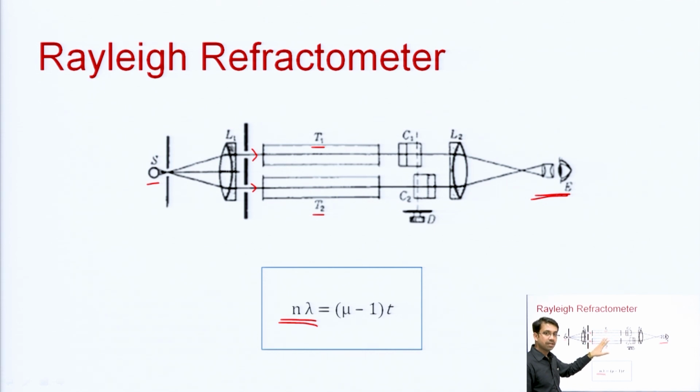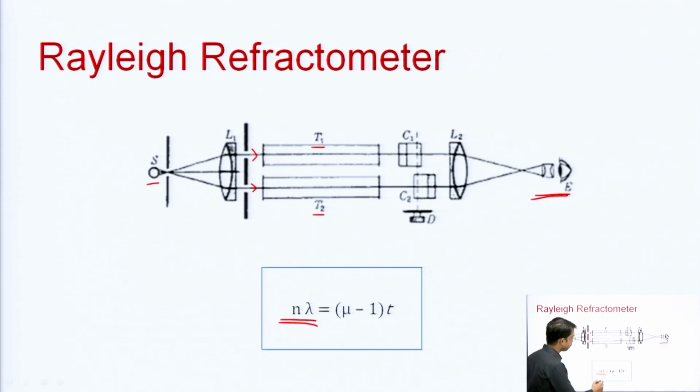First there was air, then we fill it with the material of unknown refractive index. So, the beam will travel a different path from this beam. Okay. So, there will be path difference. How much path difference? Refractive index mu minus refractive index of air into thickness of this tube. So, this much path difference will be introduced, and this is equal to n lambda, where n is number of fringe shift and lambda is wavelength of light. So, we will count the number of fringe shifts.